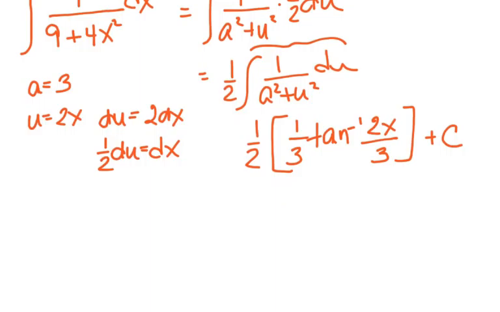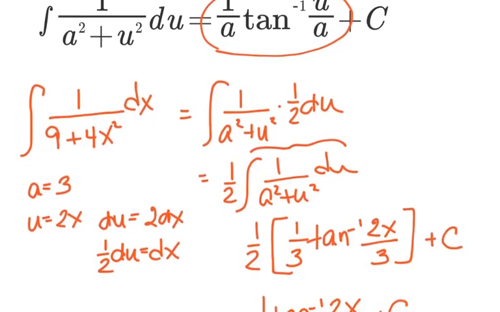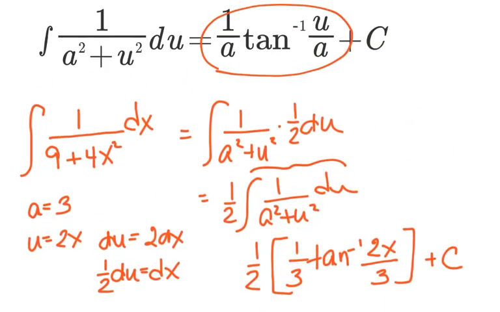So you'd multiply the 1/2 through and get 1/6 inverse tan of 2x over 3 plus c. We don't have to worry too much about the a. We just want to do a little u sub and make sure that we account for all the pieces.